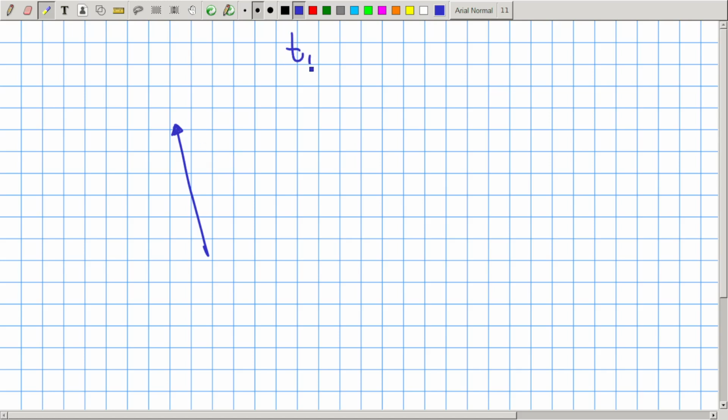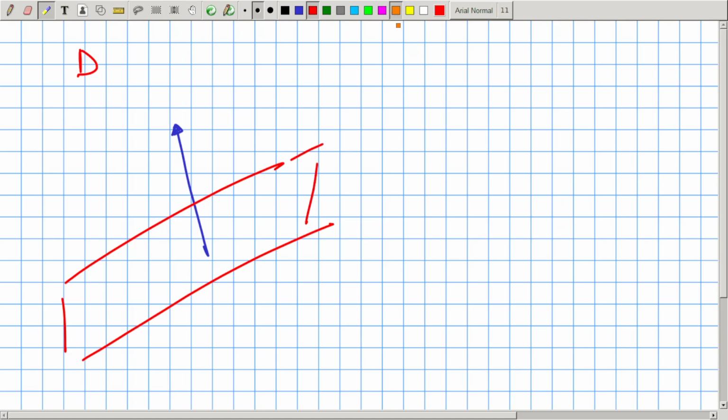This is my T1. Then I've got T2 and T3 that are aligned together. Then I have, and I'm working in the domain here, all the stuff that goes mapped into 0. It means this point, this point, this point.